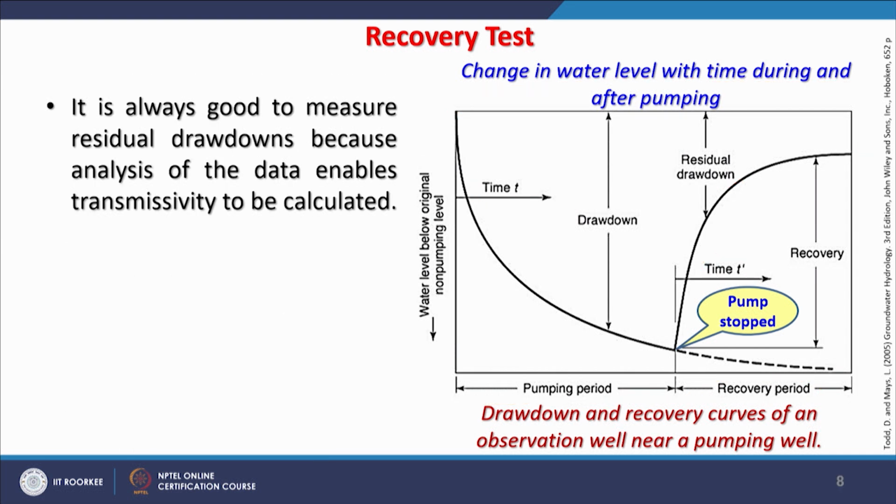So, it is always good to measure residual drawdowns, not only the pumping drawdowns. Though we call it drawdown, it is not really a drawdown, but a recovery curve or recovery cone. It is always good to measure, because analysis of the data enables transmissibility to be calculated.